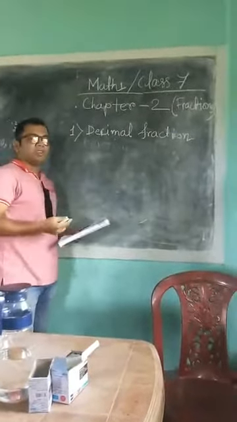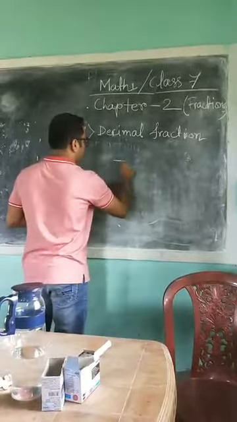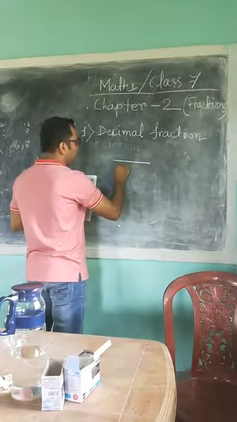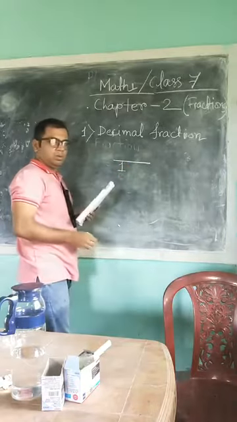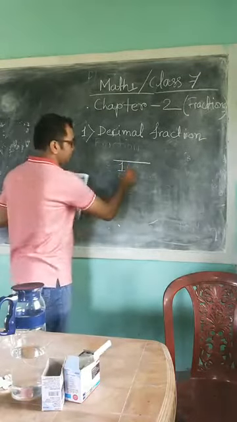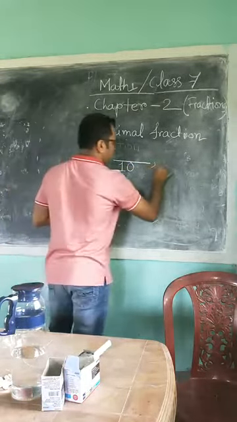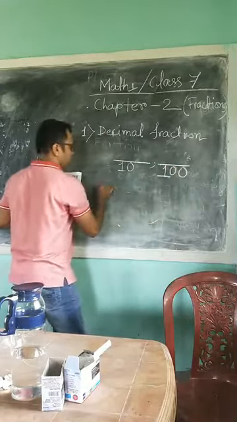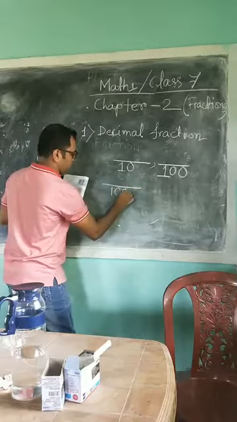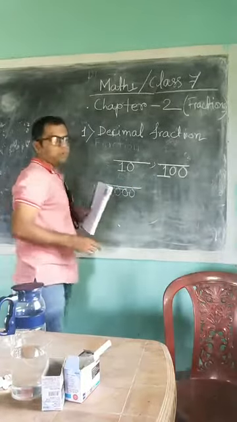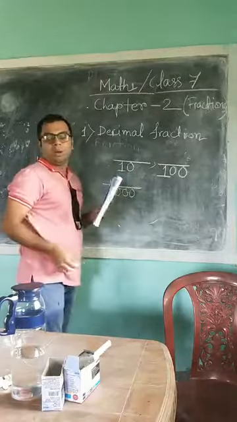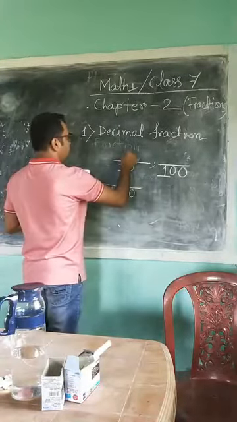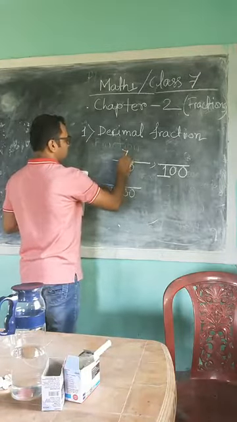In the case of decimal fraction, the denominator is always 10, 100, 1000, etc. That means the denominator will be power of 10, and you can put any kind of numerator.